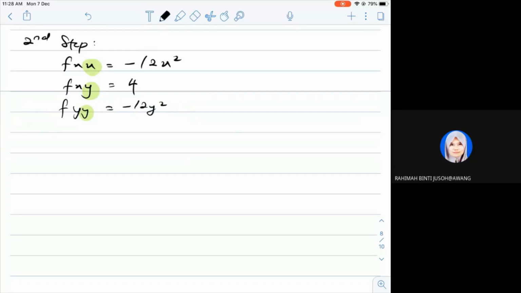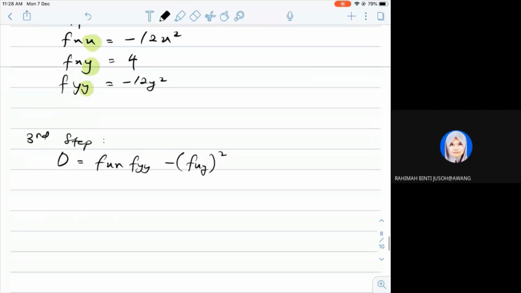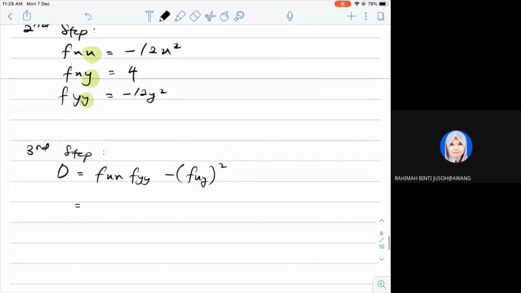Okay, so third step, we need to find the D. D is fxx multiplied by fyy minus fxy squared. Okay, so what you should have here is fxx is negative 12x squared, you darabkan dengan fyy.